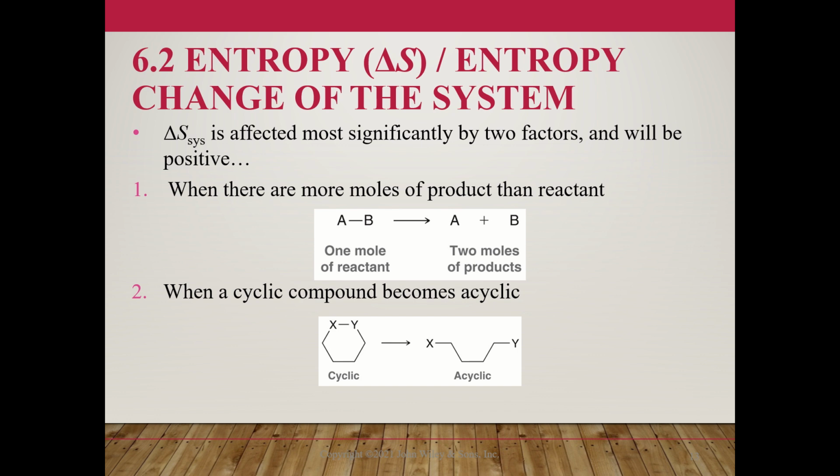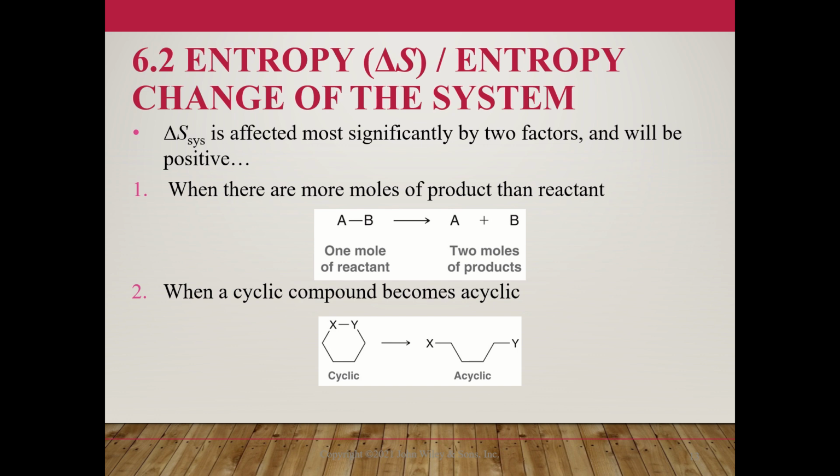Essentially, having more moles of product means that those atoms, those elements, are able to occupy a lot more different positions than if they were limited as one single mole. Having two different moles, A and B, instead of AB, gives more possibilities for A to orient in different positions and B to occupy different positions in space.